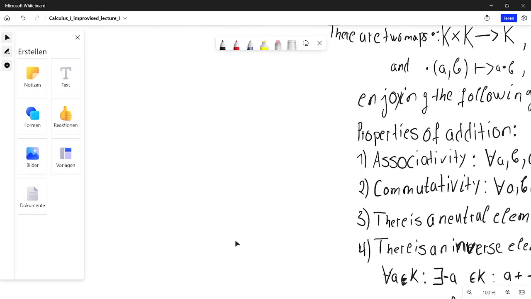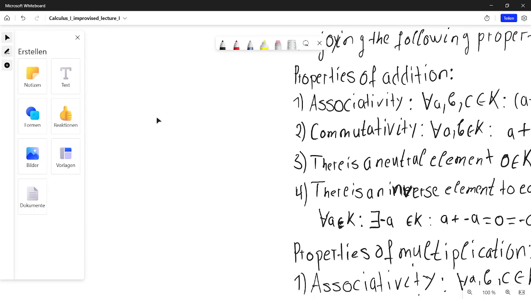Let's state that just on the side: properties implied by the definition. It's just very basic properties, but they are important by the definition so far.